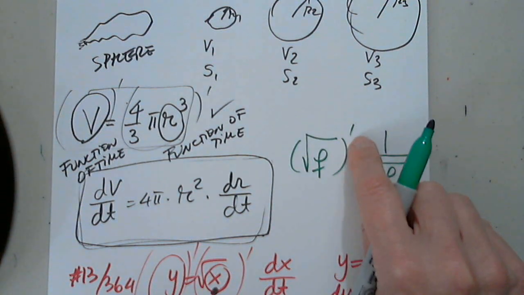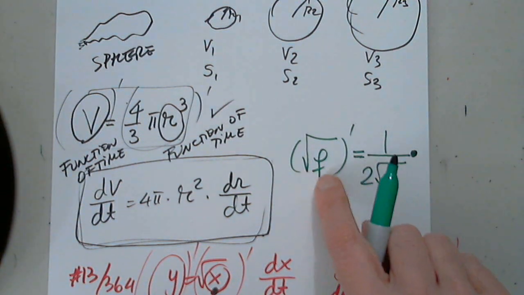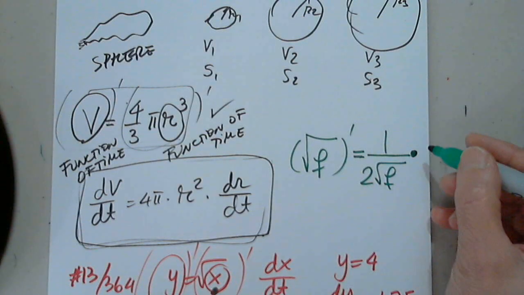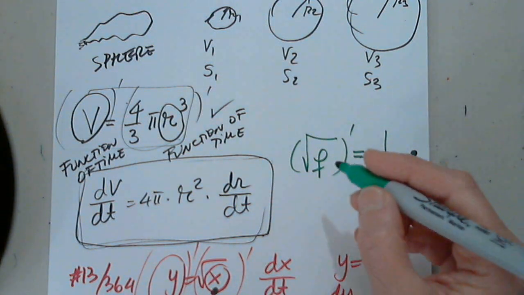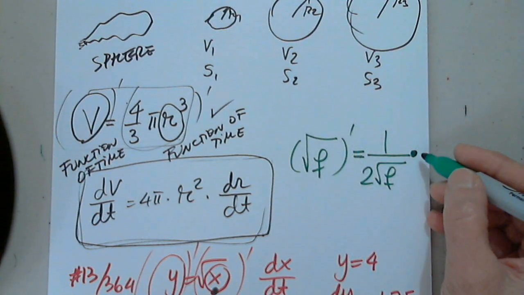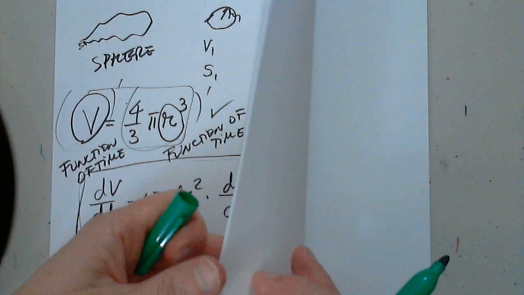This is a derivative, it's not a differential. And this is a function, it's not a variable. Is it times 1? No. It's a function. The square root of f. Okay, I'll come back to this.